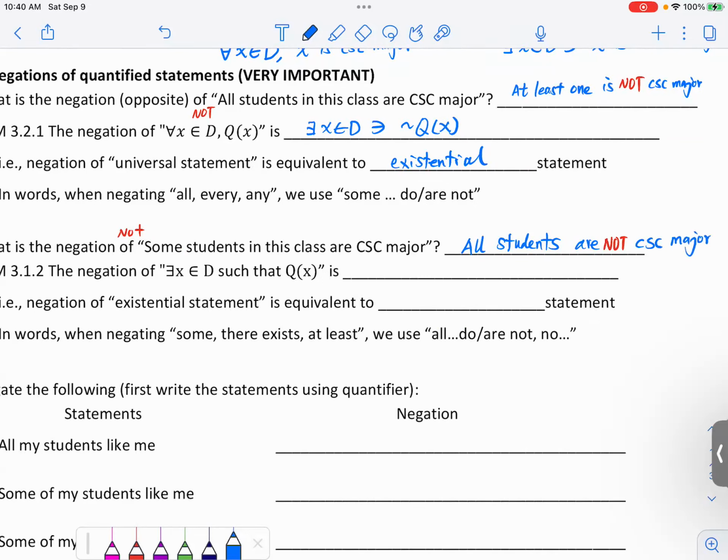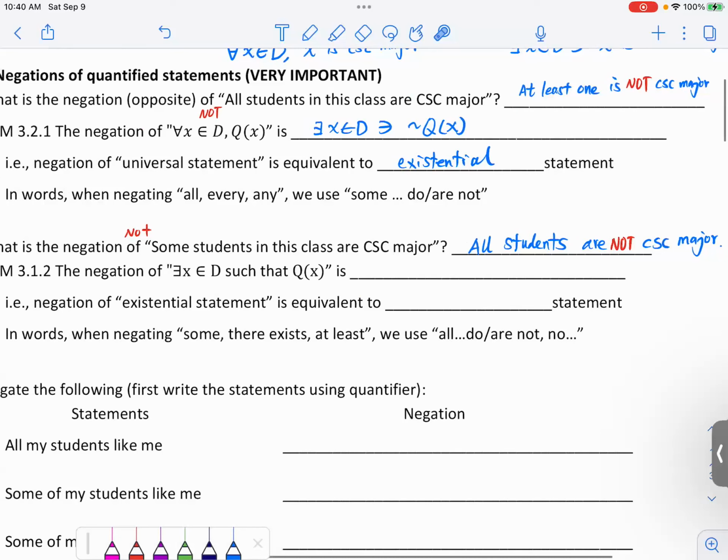If you feel like you need to think about it, you can pause the video and think about it. Not some students in this class are computer science majors. That's exactly saying none of the students are computer science majors. That means all students are not computer science majors. Now I'm going to write this into symbolic form.